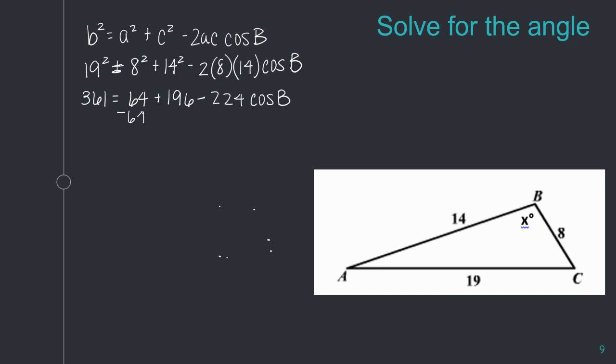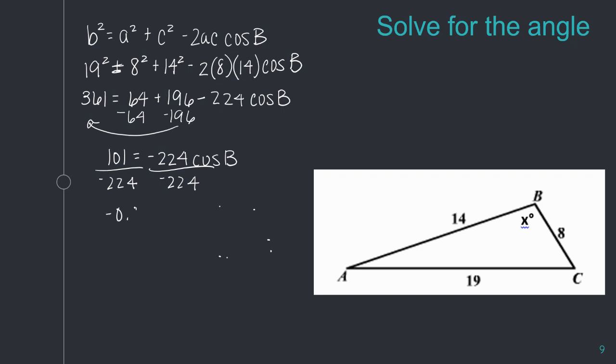Now remember, I'm going to subtract these two from the 361. So I'm going to take 361 minus 64 minus 196, which gives me 101. Now I'm going to divide by the negative 224, which is negative 0.4508, etc. This is where I take the arc cosine.